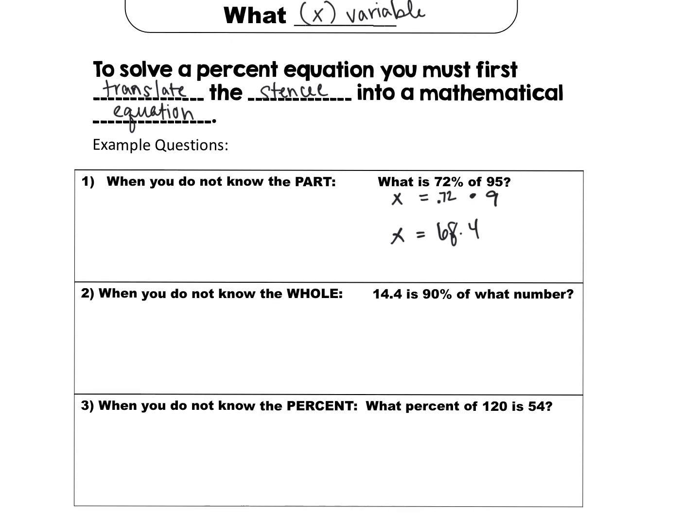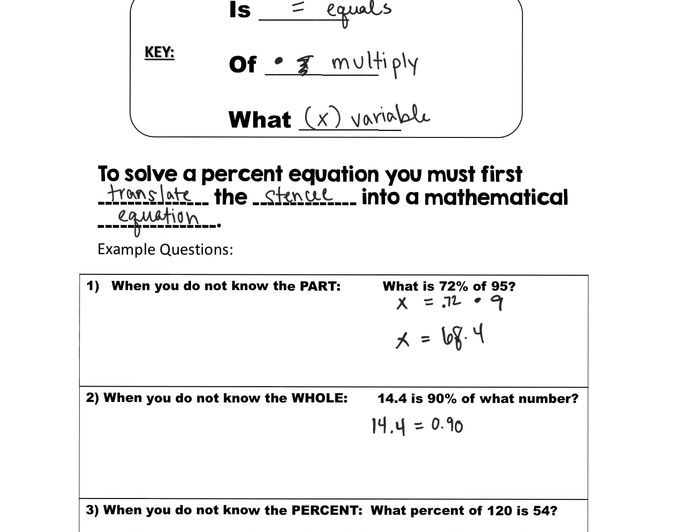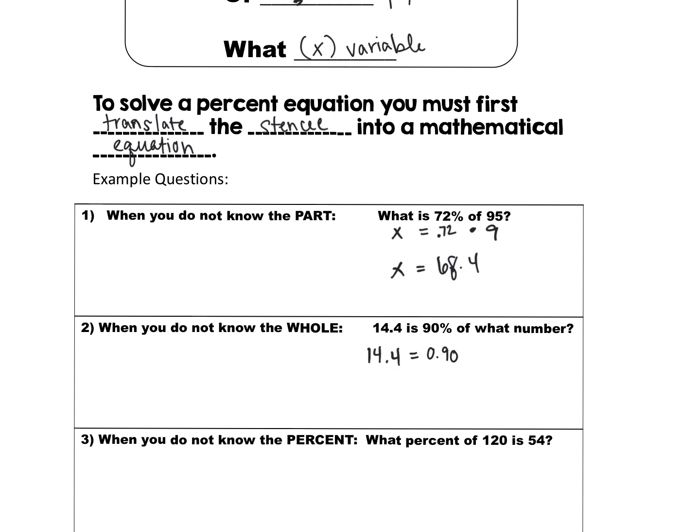Now let's try what if you don't know the whole. So again, it has 14.4. And we have is, which we said means equals. Our 90%, which is 0.9 as a decimal. Of, we said, was multiply. What we said was our variable, because we don't know the number.